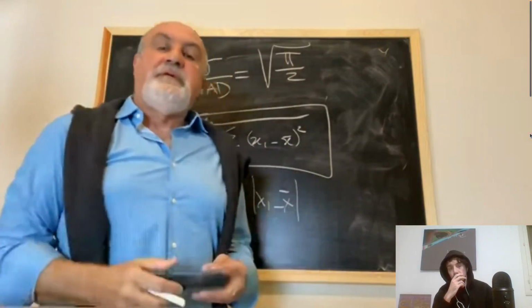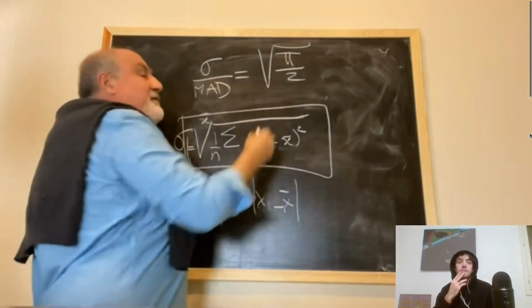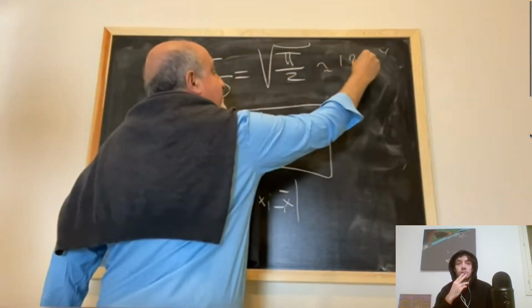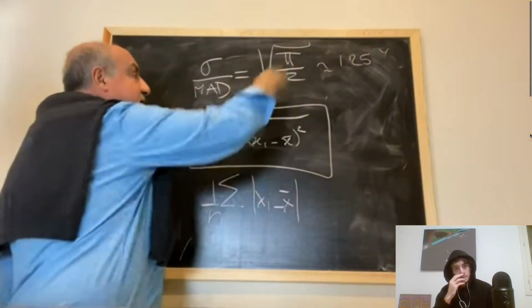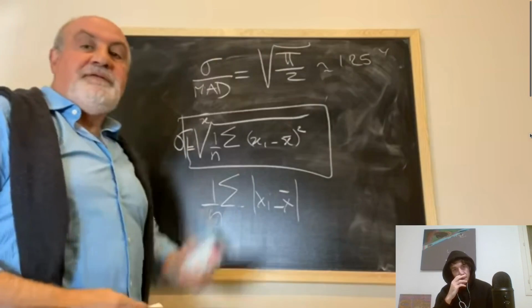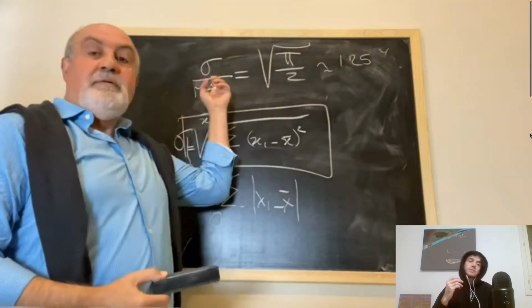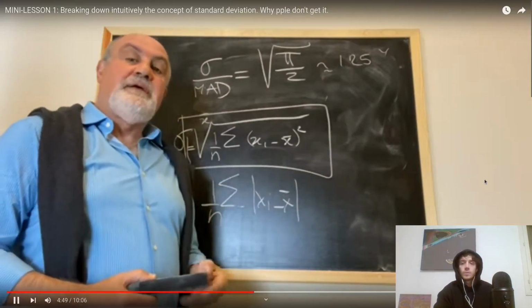Okay, that's for the Gaussian. Most others have higher, approximately 1.25. Most distributions with fat tails are higher, and this goes to infinity when you have a power law distribution with a tail exponent higher than 2.